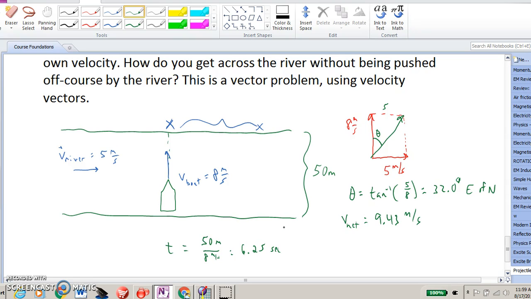Now that we have the time you're going across the river, and we know how fast the river is pushing you sideways off course, we could find out the distance you're getting pushed off course. Distance is speed multiplied by time. The horizontal speed is the 5 meters per second of the river, and it's pushing on you for 6.25 seconds.